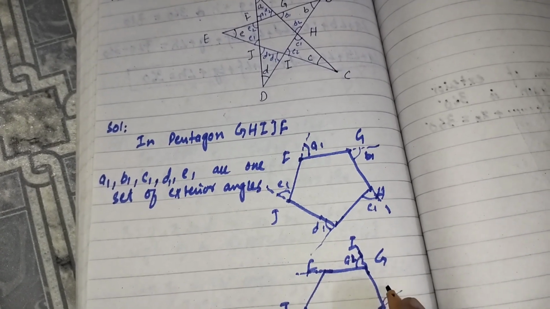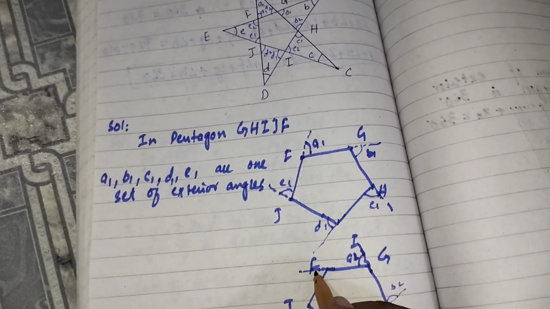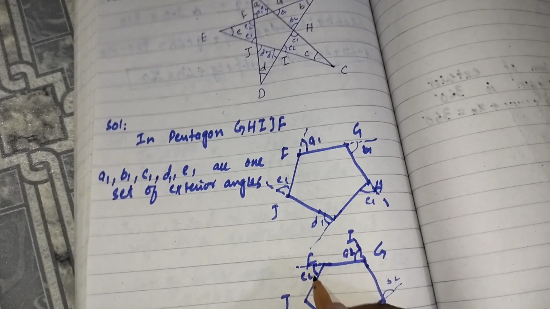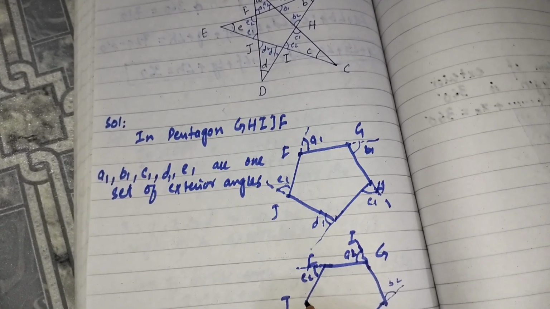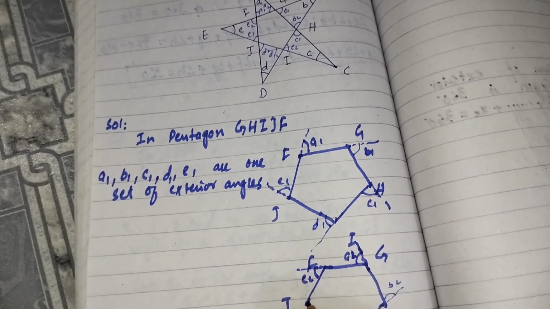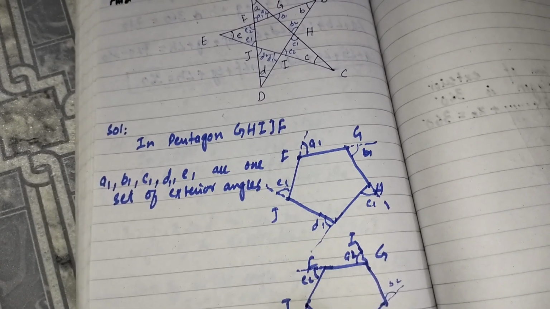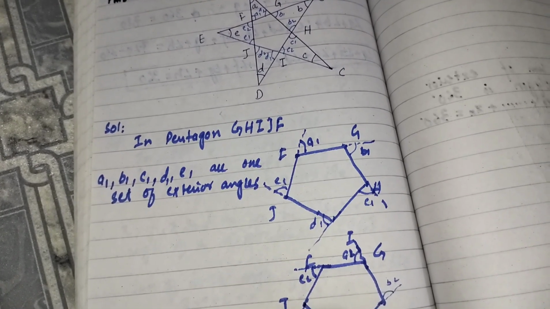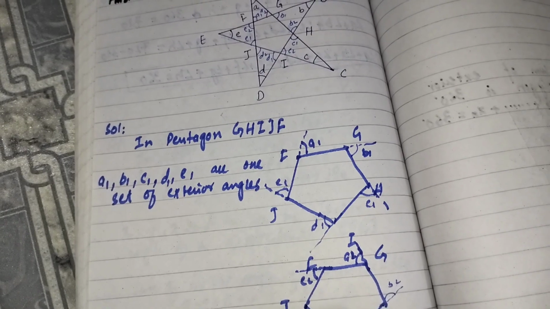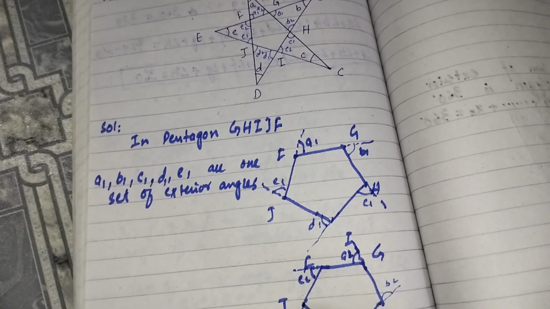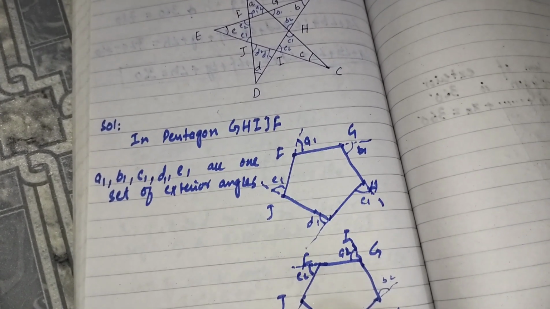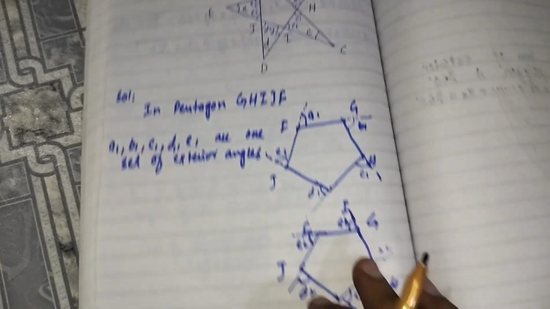This is B2, then this is E2, then this is D2 and this is C2.